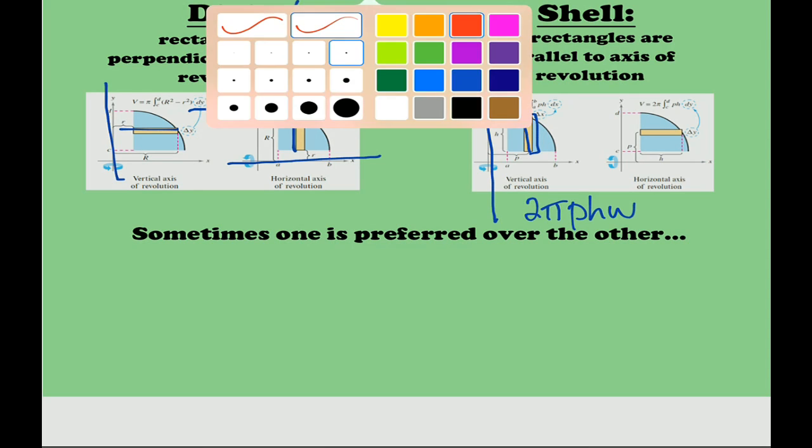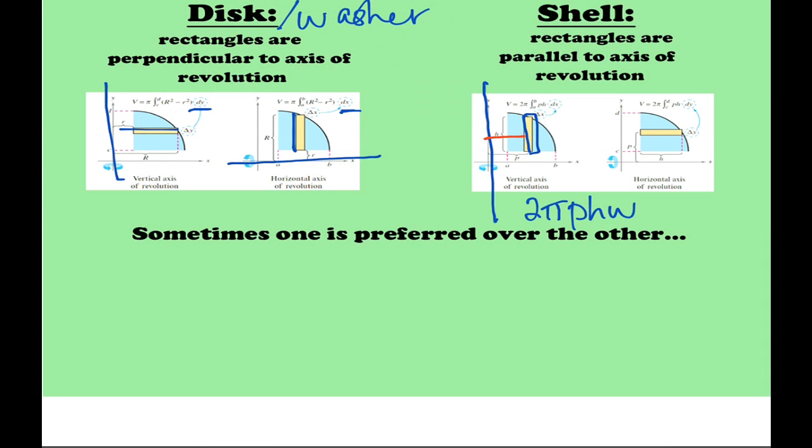The distance from our axis of revolution to our rectangles. So in this case, it would be just whatever we are on the x. H is the height of our rectangles, right, with respect to x. And then you'd integrate it using your 2 pi p h w.